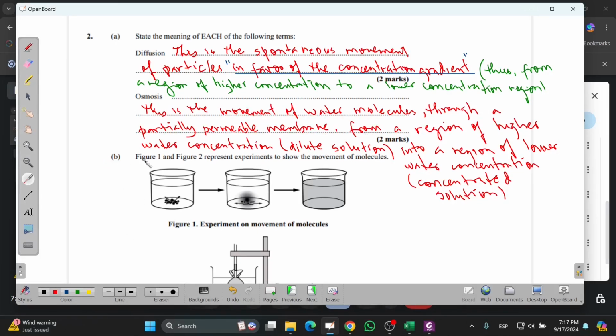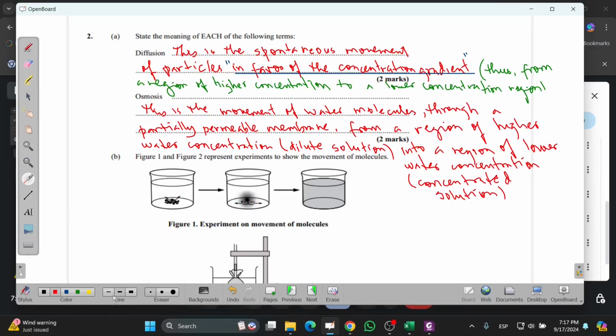Right. Item B, figure 1 and 2 represent experiments to show the movement of molecules. So here we have what? We have a beaker, some water, we put some solute, right? Let's say like a solid food coloring or dye.